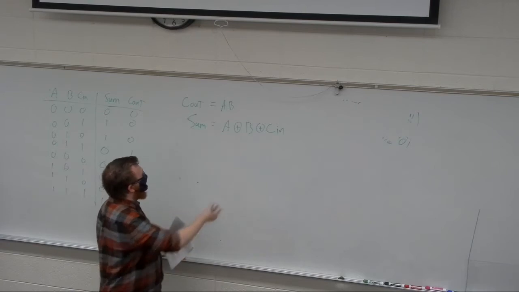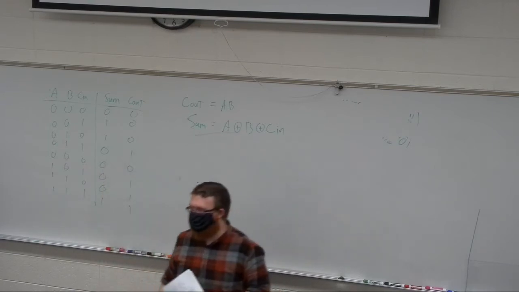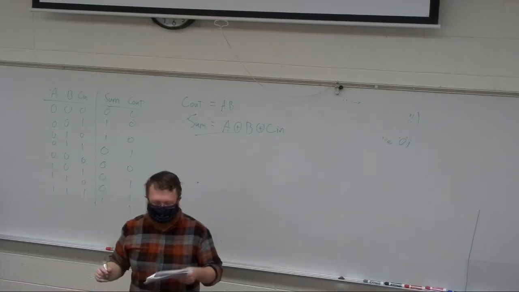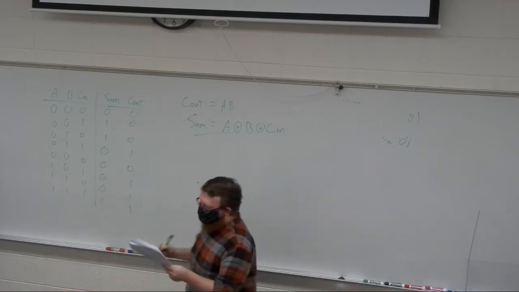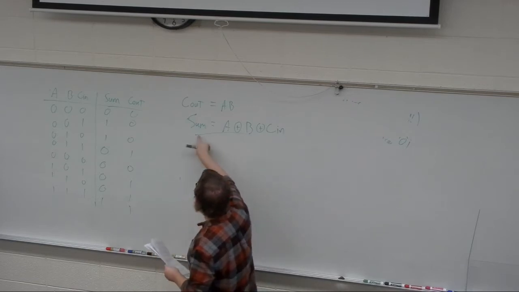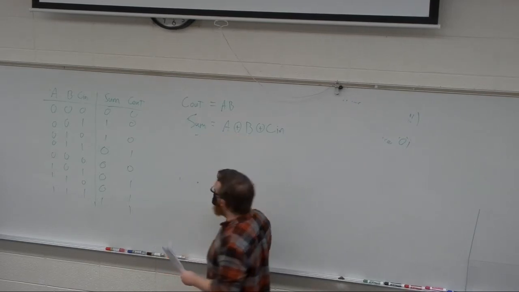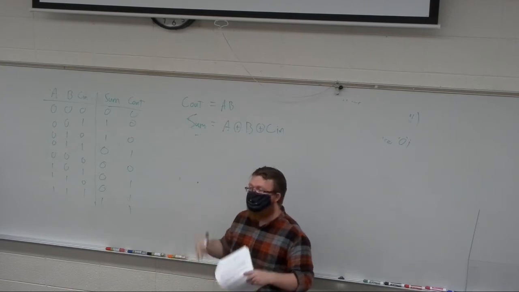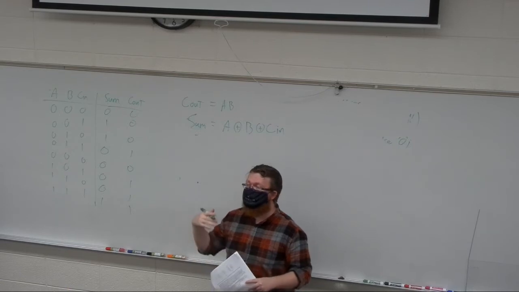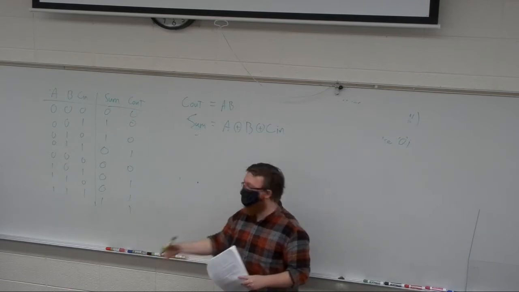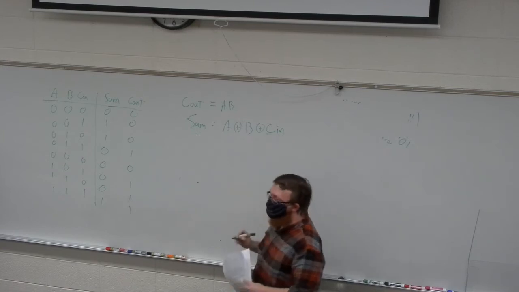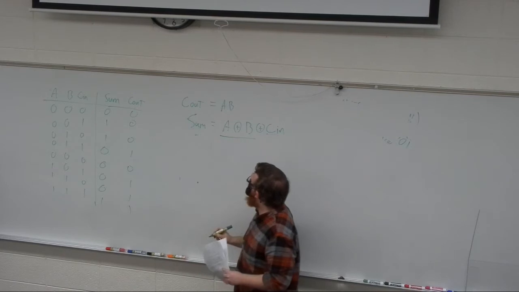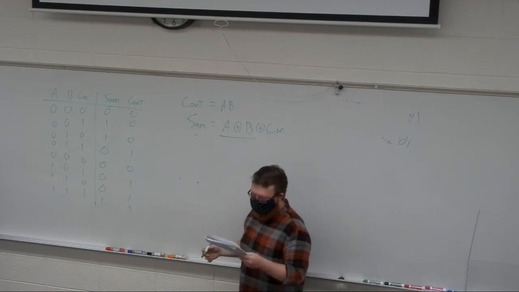For now, I just need you to believe me that that's true. It's some fun math to figure that out, and you use the XOR equivalency to solve that. So if I have C out as this, and I simplify the sum down to a half adder, so let's say, again, with the sum, I only want to worry about generating a carry, right? So this is propagating a carry. This is worrying about generation.